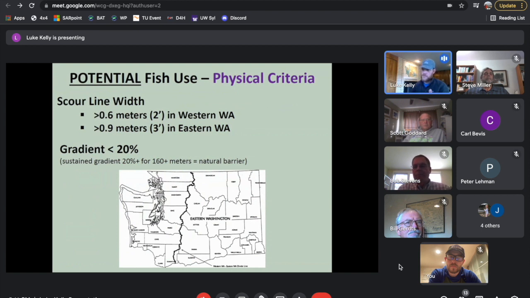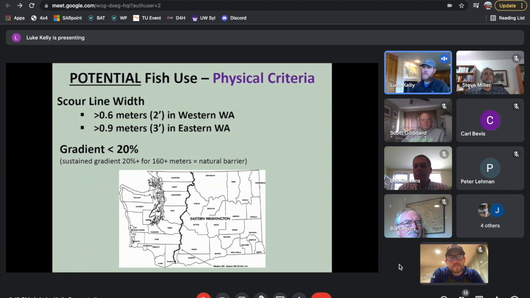So here I put sustained gradient of 20% plus for at least 160 meters. That's going to tell you if it's a natural barrier or not, but we're not really charged with doing that. What we're doing is just trying to identify if the site we're standing on at this culvert has potential. When we get into the significant reach, we'll talk a little bit more about the 20%.